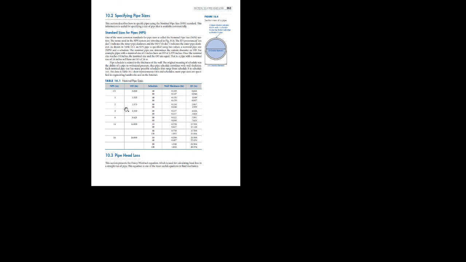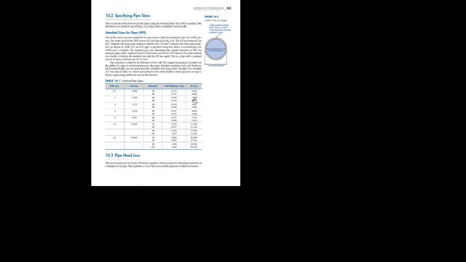So we are working with 1 NPS and 1.3 inch outer diameter, and it mentions the schedule number is 80. That means the pipeline's wall thickness would be this one. If we subtract this from this, we get the internal diameter of the pipeline. It works as simple as that.